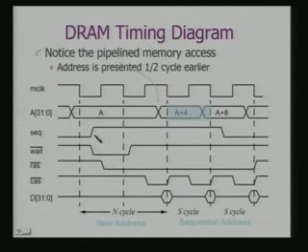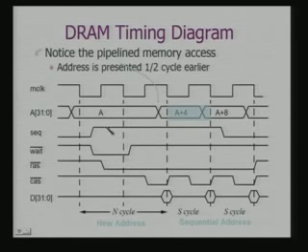Then this sequential signal is activated. This wait state comes in because there will be a wait when it is a RAS CAS access, and wait is asserted by the external logic.